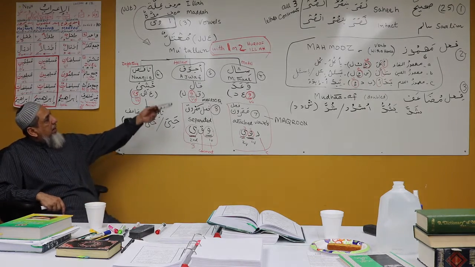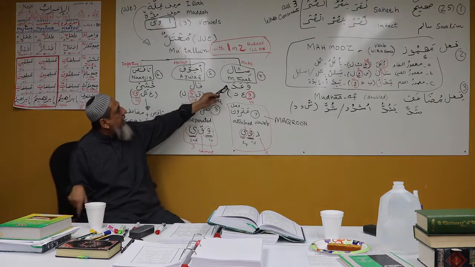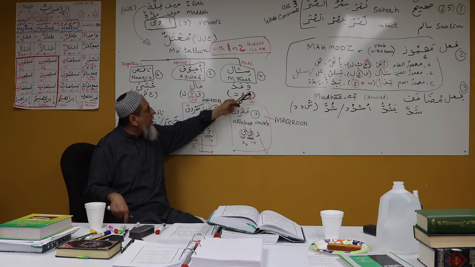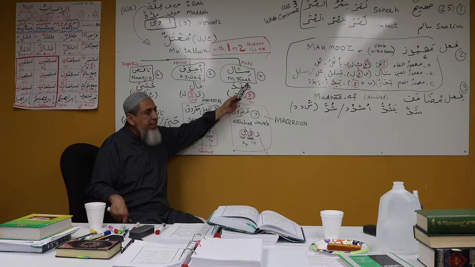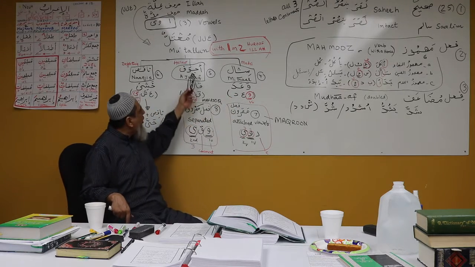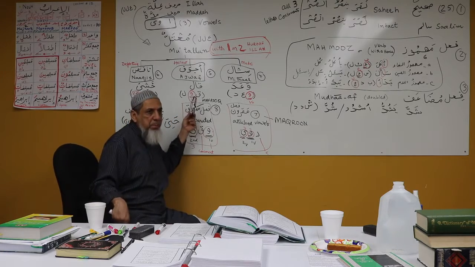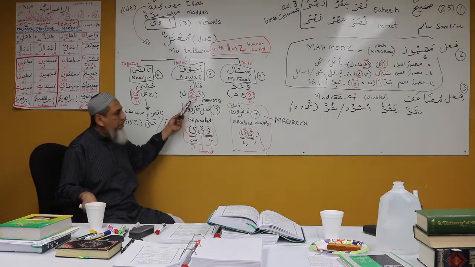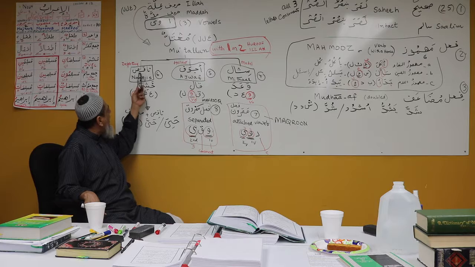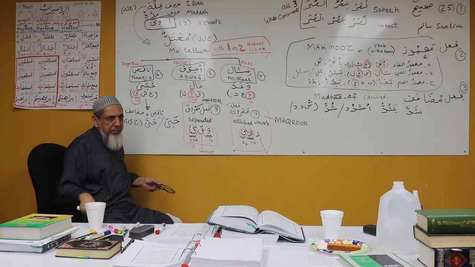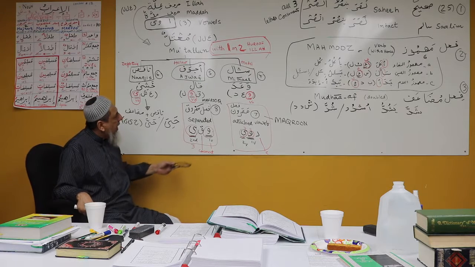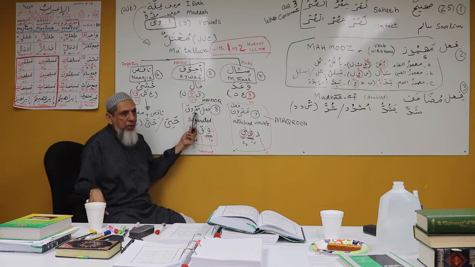Then we said, Mithal. Mithal is the one in which the vowel comes in as the first letter in the word. In Ajwaf, the vowel comes as the middle letter of the verb. And in Naqis, the vowel comes as the last letter of the verb. Okay? And Maqroon and Mafroon.